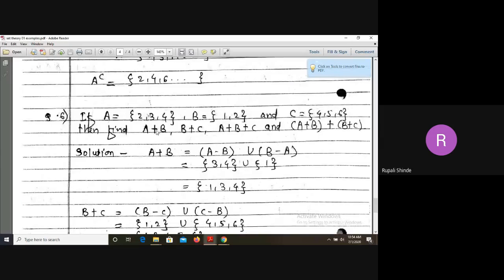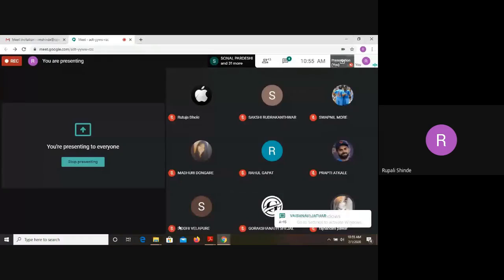This one? Which part? Have you understood how to find out value for A plus B?